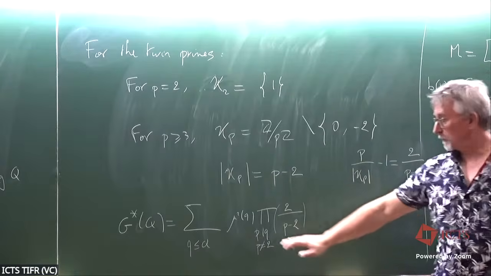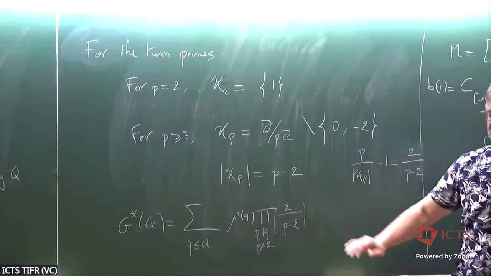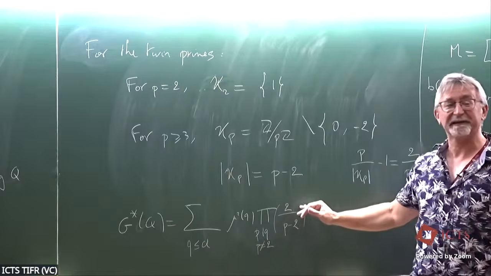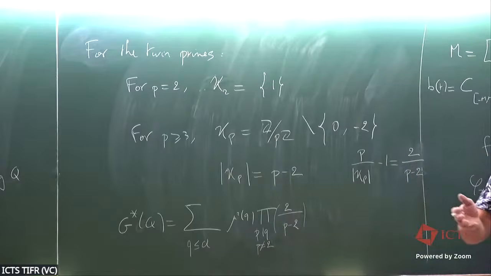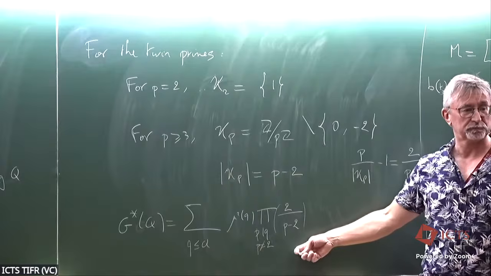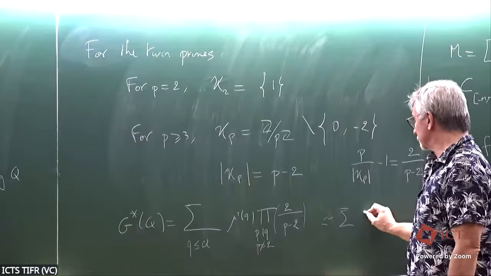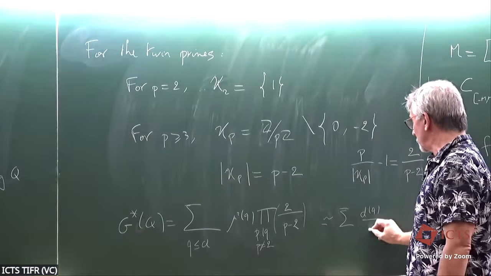Okay? The squarefree integers have positive density, so you can forget this condition. 2 to the omega q is almost a divisor function. It's the same order, it behaves in the same manner. So it's essentially the number of divisors d of q, divided by q. This one looks like the sum for d of q upon q.